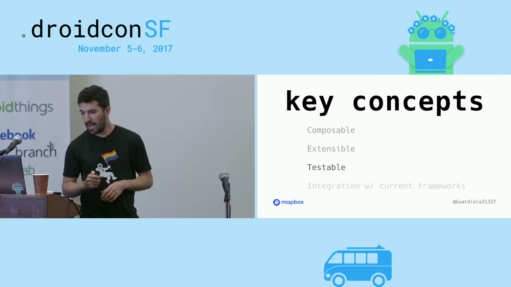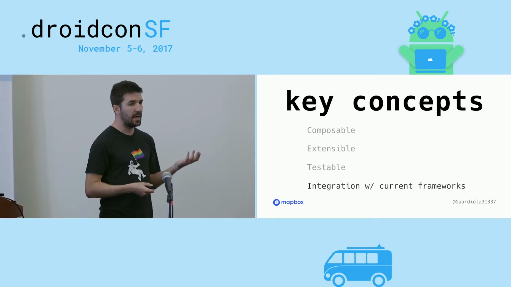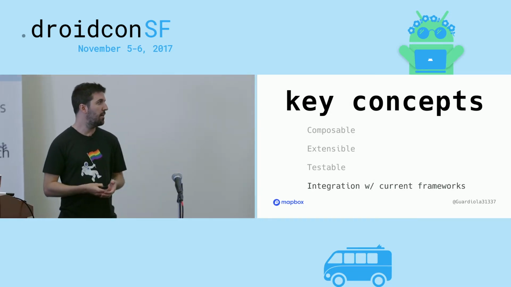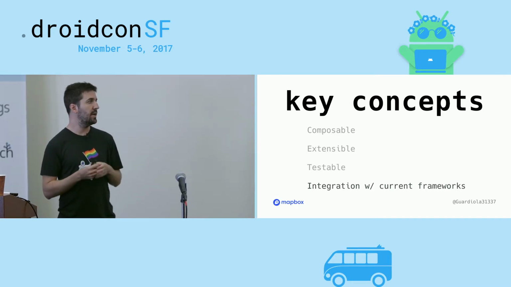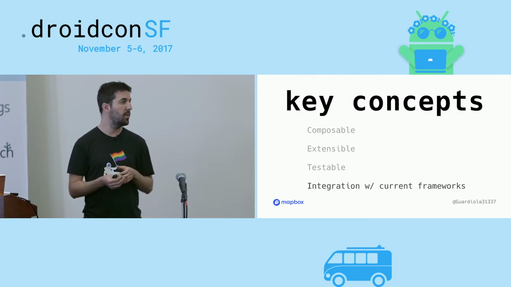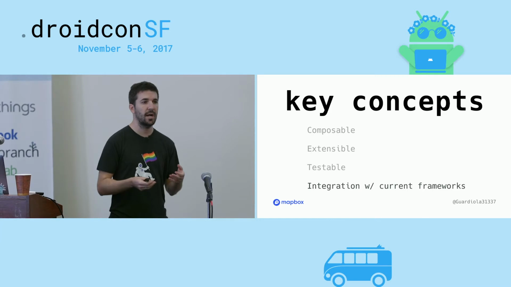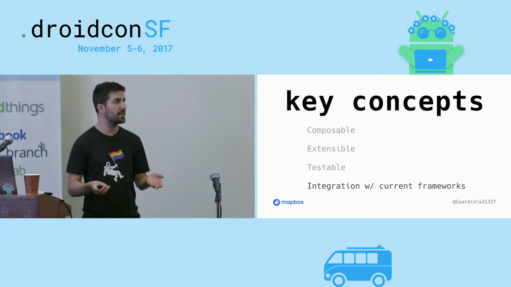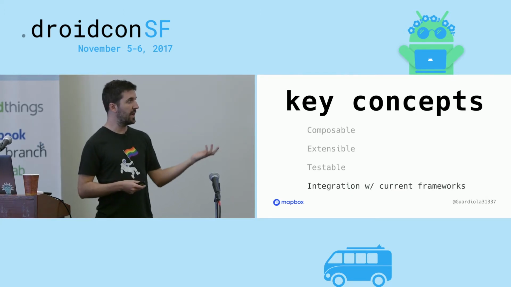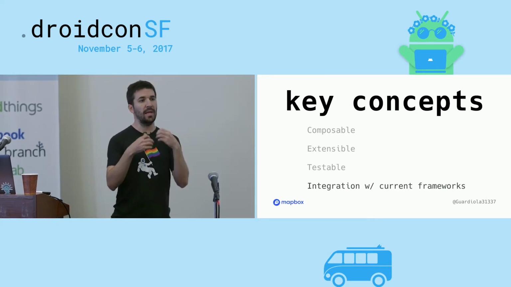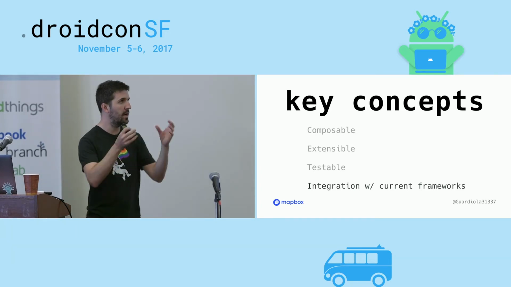And finally, you will see that creating a DSL this way, using Arrow, integrates really well and fits really well with your current framework. So imagine that you are right now using Rx. This way of creating a DSL will allow you to keep using your own models.